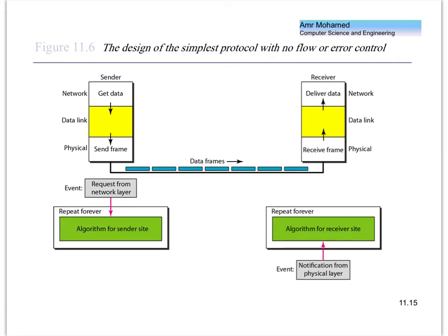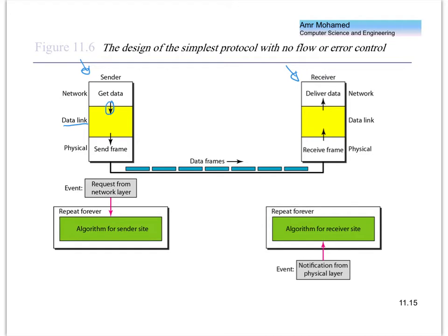The way that we will discuss each technique is first through a high-level view like this, which shows us how the sender is designed and how the receiver is designed. At the sender side, we need to look for an event from the network layer. Of course, we are here in the data link layer.